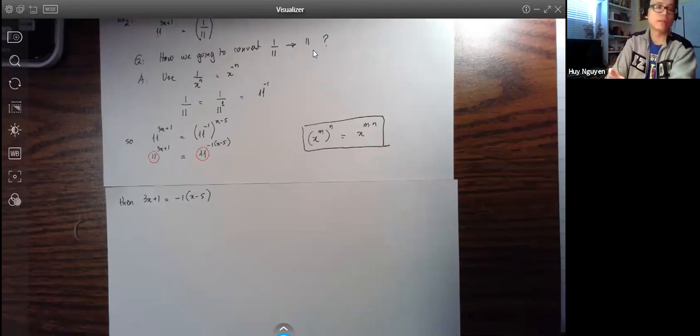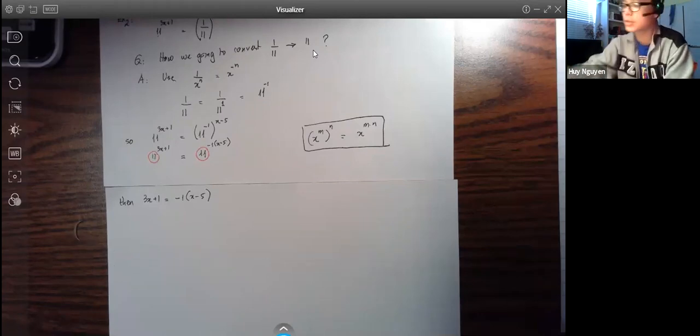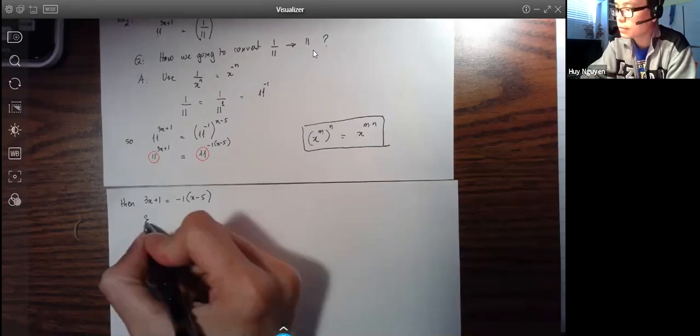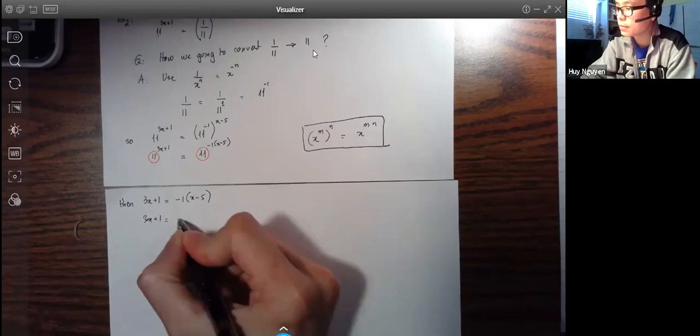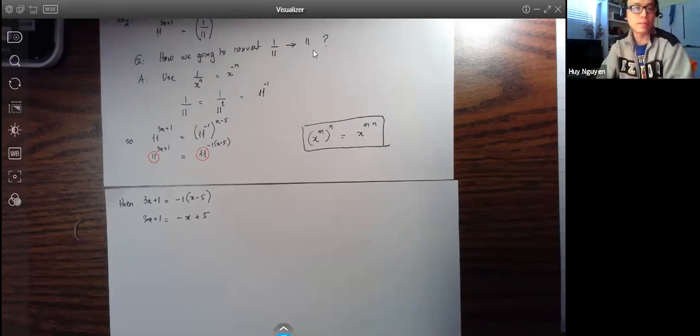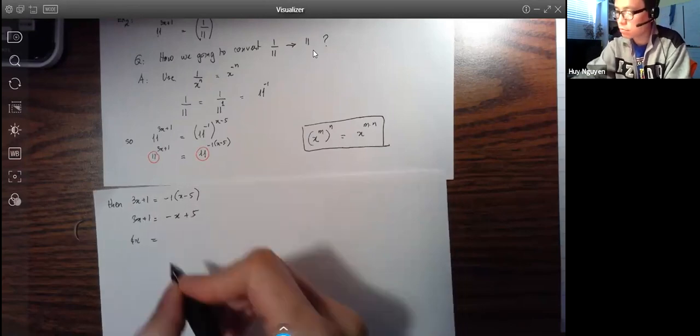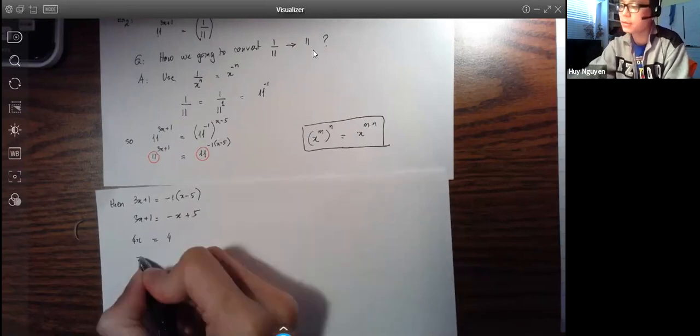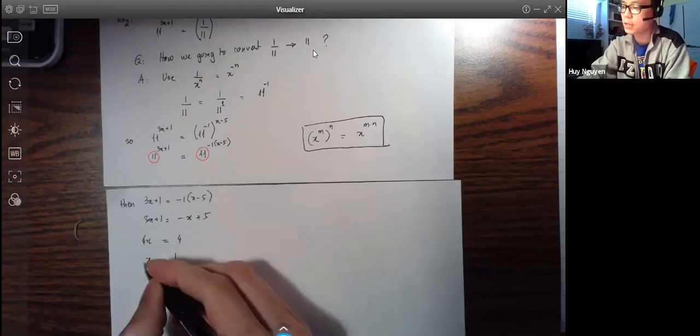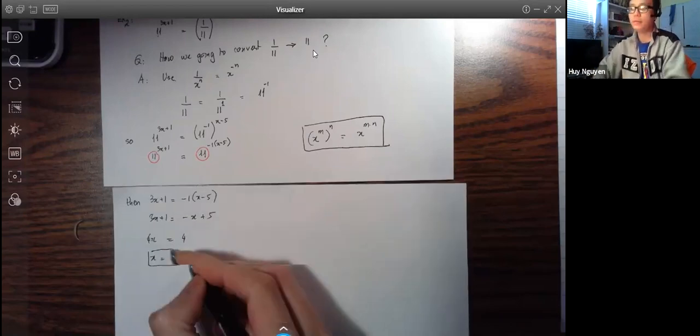And now we have a very simple equation. Okay, we can solve it. Distribute. Add both sides by x. Subtract both sides by 1. Divide both sides by 4. Your answer, x equals 1.